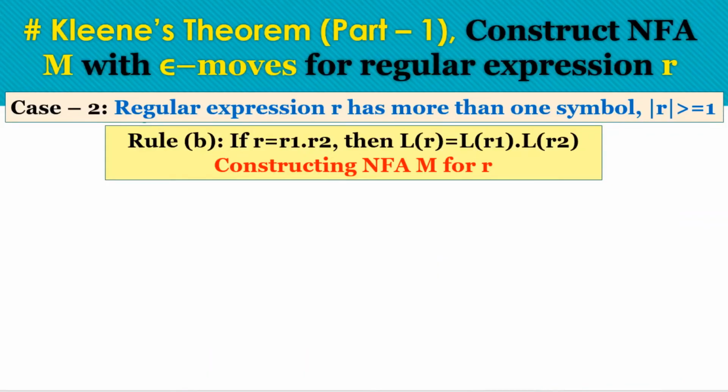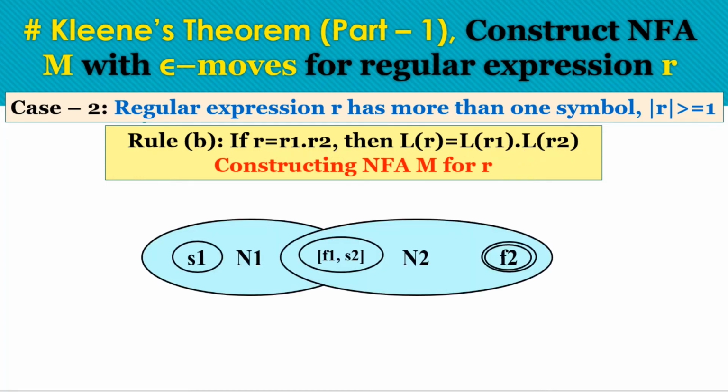Next we have rule B, where the sub expressions R1 and R2 are in concatenation. So this is rule B of case 2, where the language of R1 is followed by the language of R2. For this case we have this machine M, because we have to start with expression 2 at the end of expression 1.